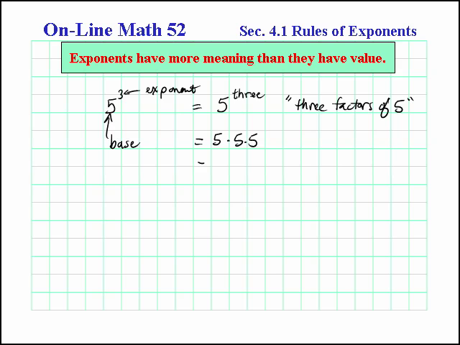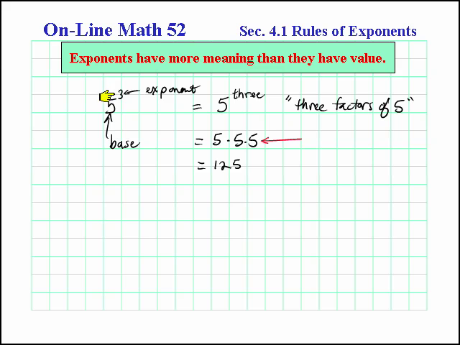If we multiplied this all the way out, we'd find that it's 125, but the real key is right here: 3 factors of 5, 5 times 5 times 5. Notice what we didn't get is something like 15. 5 times 3 is 15. Clearly this is not 15. That's a lot larger than 15. So it's not multiplying 5 times 3.